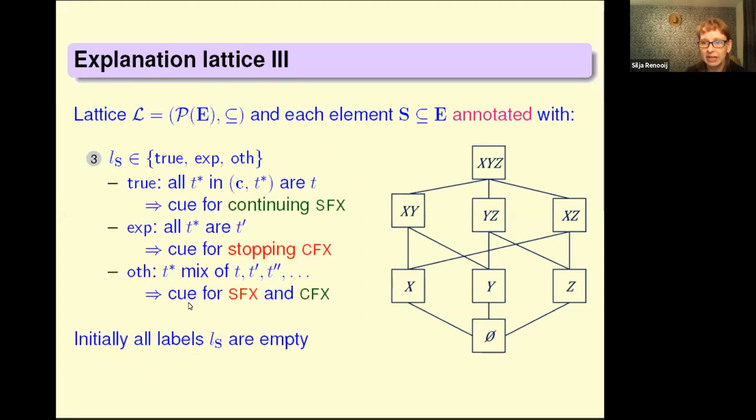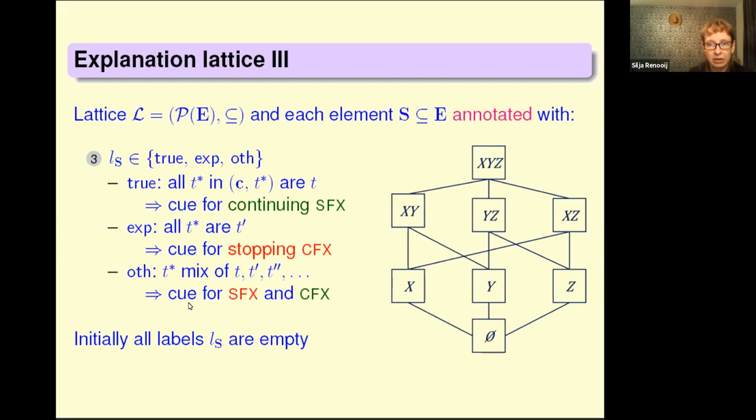And the third thing that we annotate the lattice with is, if we have computed all the outcomes for those possibly counterfactual explanations, in order to know if they can be counterfactuals and also to know if we need to continue searching, we again define three different labels. And again, until we do the computations, these labels are empty. The first label is a label true.